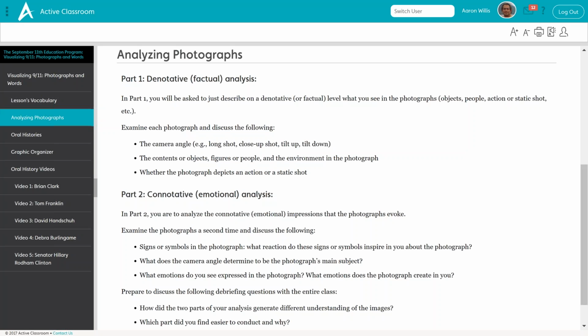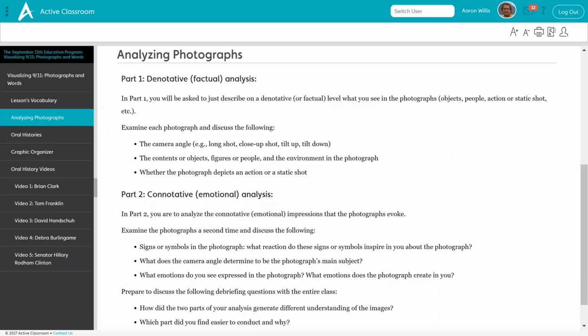And we give them some help here, and we ask them to think about, with each of the photographs they're looking at, what is there from a factual point of view? What can they identify that's clearly, obviously stated, this is what's there? The camera angle, what's in the photograph, the action that's being depicted.